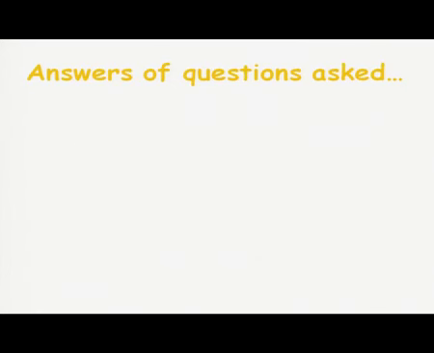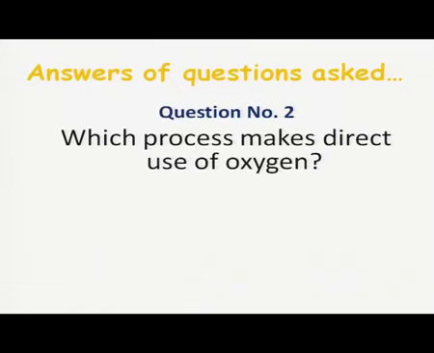Now, my second question was, which process makes direct use of oxygen? I have already discussed that there are two types of respiration. In one, there is no use of oxygen, that type of respiration is called anaerobic respiration. But the question is, which process makes direct use of oxygen? The answer is the electron transport chain.